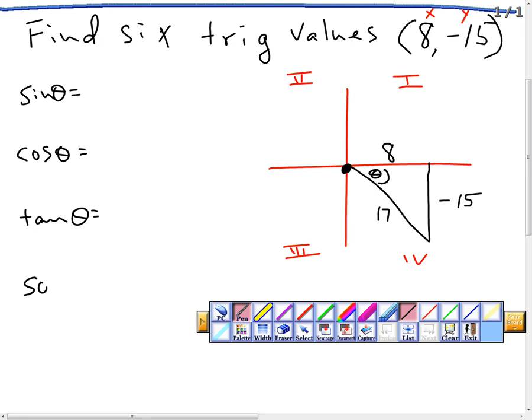And remember this, SOH CAH TOA. Sine is opposite over hypotenuse, right? Cosine, adjacent over hypotenuse. Tangent, opposite over adjacent. Okay, what's sine?